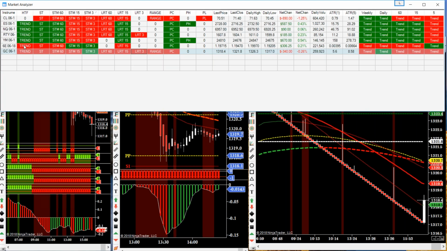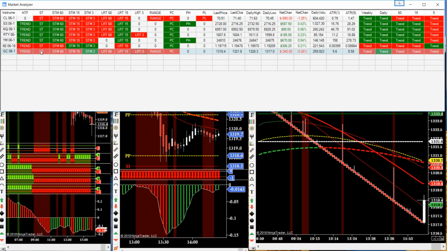But that is enough to give me an overall red trend condition. And the weekly, daily on the gold contract is mixed, but it's still good enough to give me a down trend condition. So this is my HTF, my higher time frame trend solver.